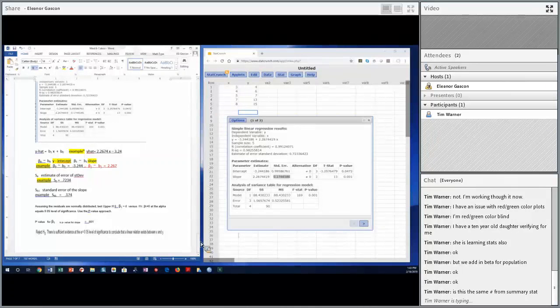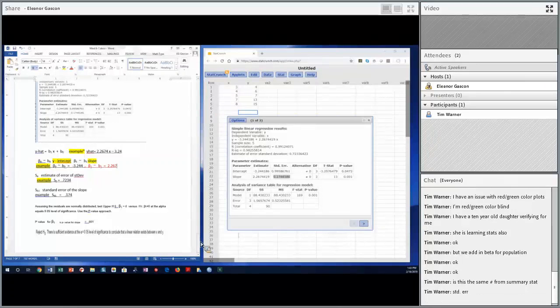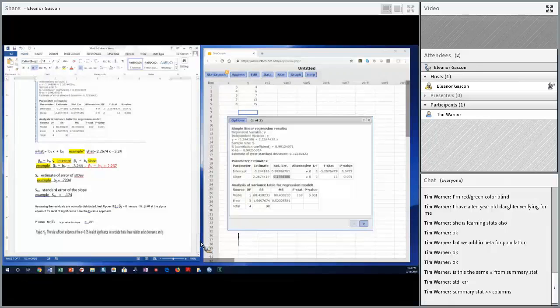Summary stats. What summary stats? Standard error. Oh, yes, yes. But we're talking about the standard, well, it's different.